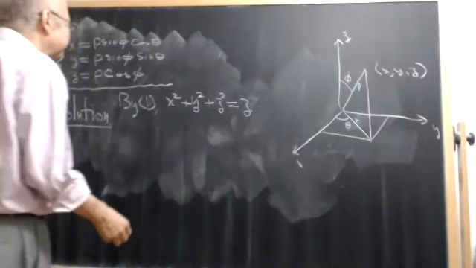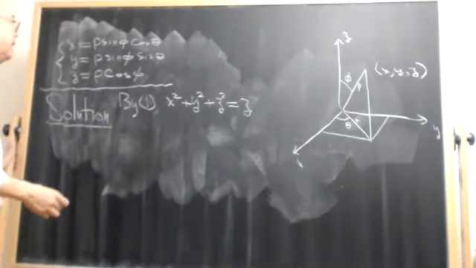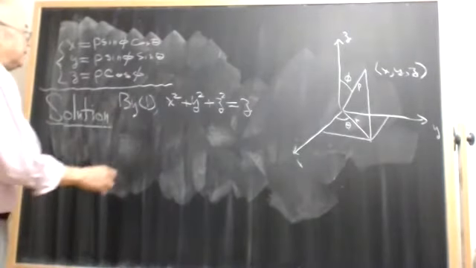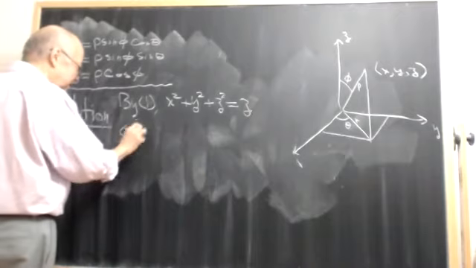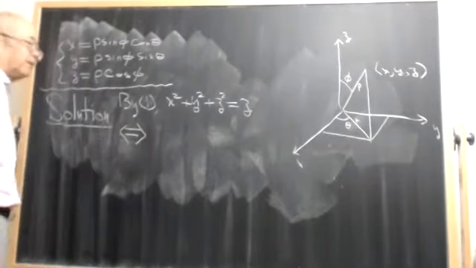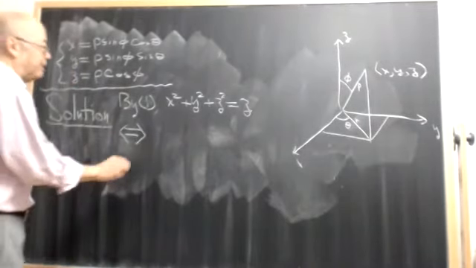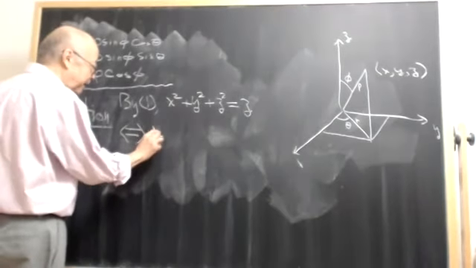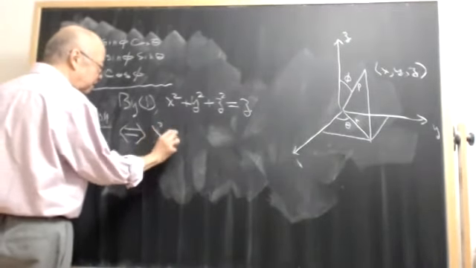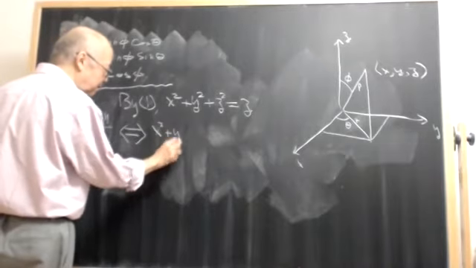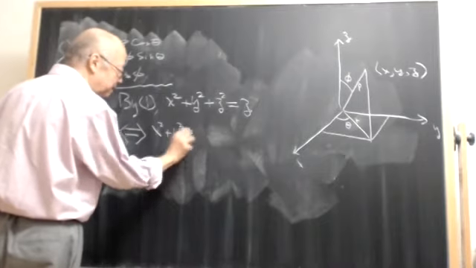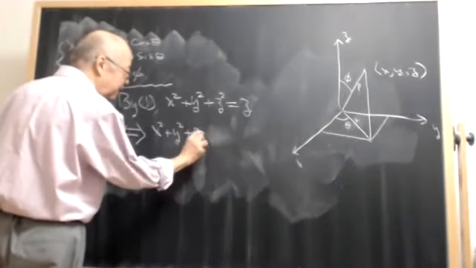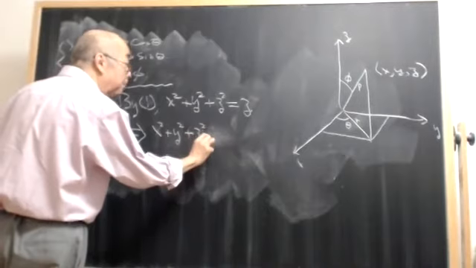Let's check. This is the same as just completing the square. So it's going to be x squared plus y squared plus z squared minus z.